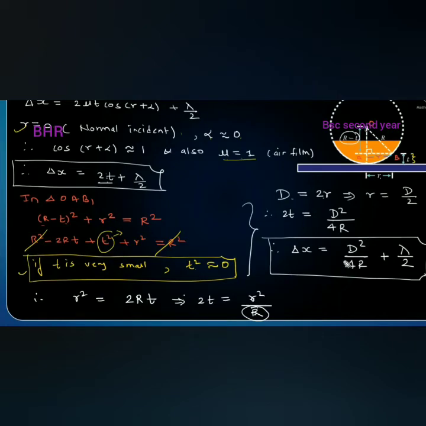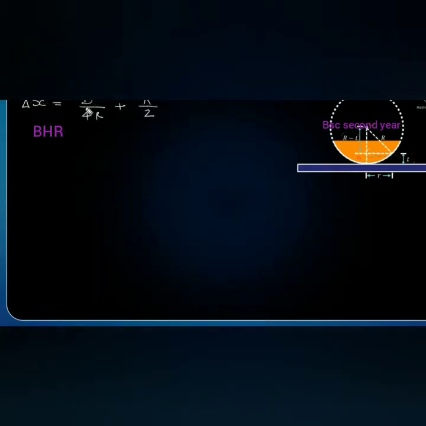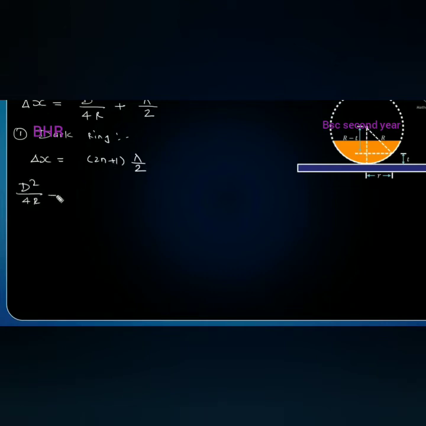We can apply this expression for constructive and destructive interference. That is, the path difference delta x is equal to D square by 4R plus lambda by 2 for the dark ring. Here dark ring means the condition for destructive interference or the condition for minimum intensity. So here we know that delta x is equal to (2n plus 1) lambda by 2.